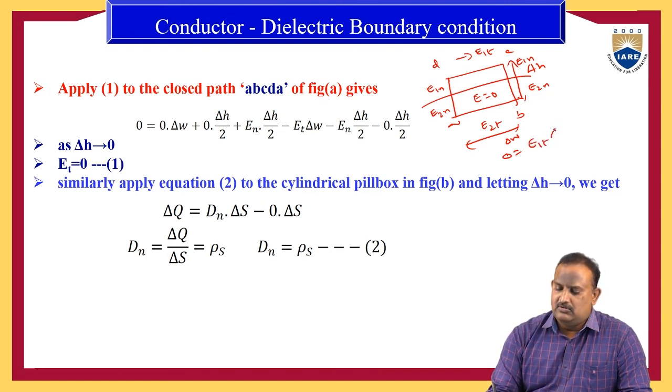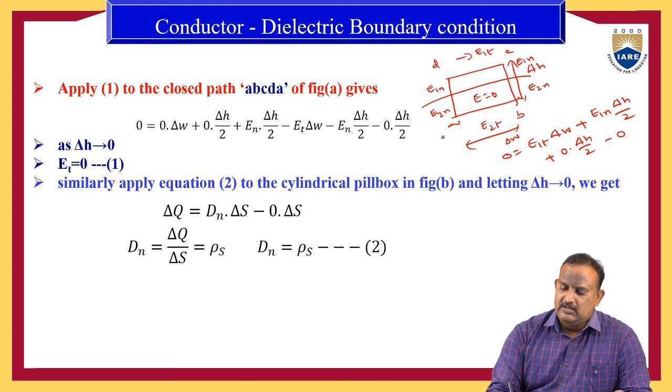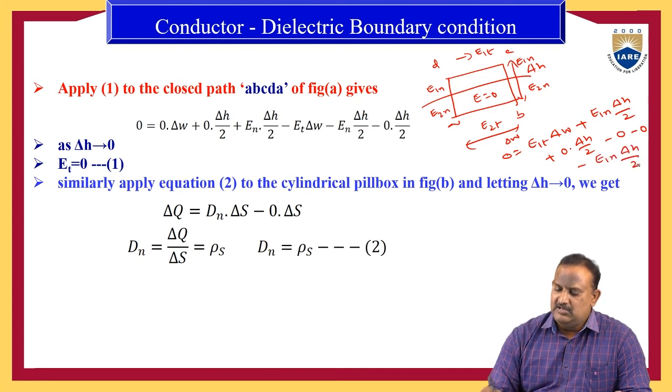E1T into delta W plus E1N into delta H by 2 plus 0 into delta H by 2 minus 0, because electric field intensity is 0. And here also it is 0 minus E1N into delta H by 2.